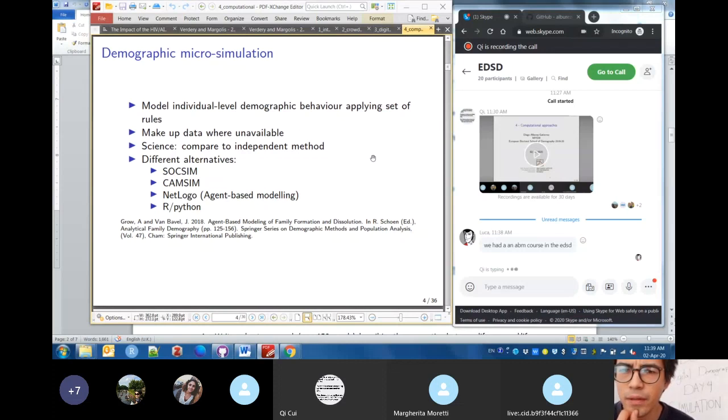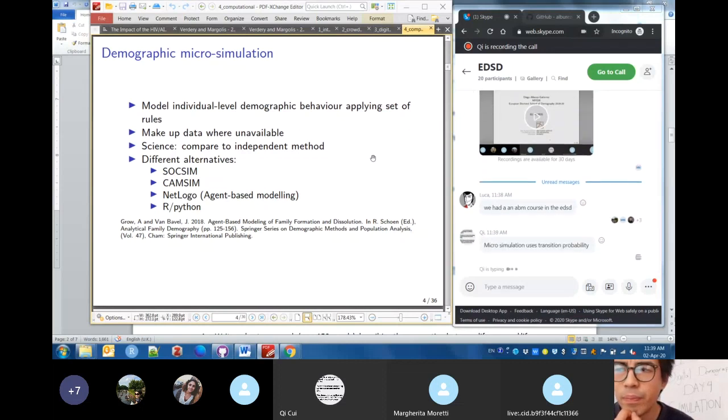What this means is that the data we receive from a microsimulation is not data from the real world, we invent data in a way, but when we do demographic microsimulation, the inputs that we use do come from the real world.